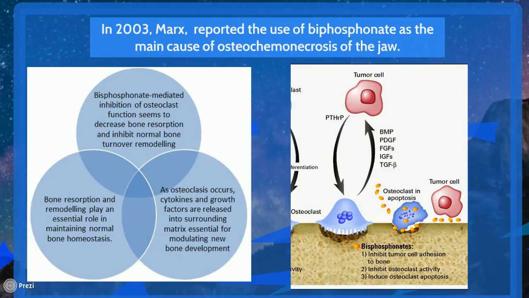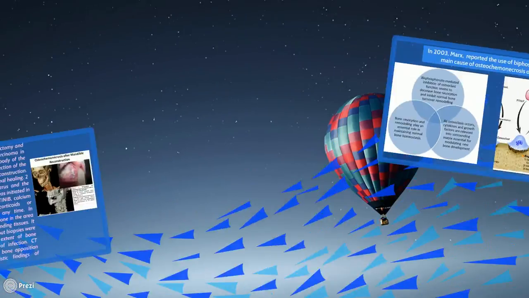In second place, they inhibit osteoclast activity. And in third place, they induce osteoclast apoptosis. The osteoclasts are the ones that promote the destruction of the old bone cells so that the osteoblasts will build the new bone cells.